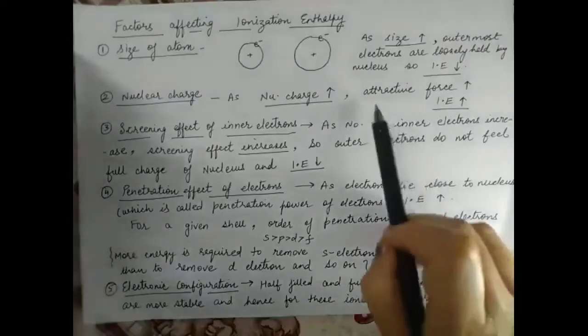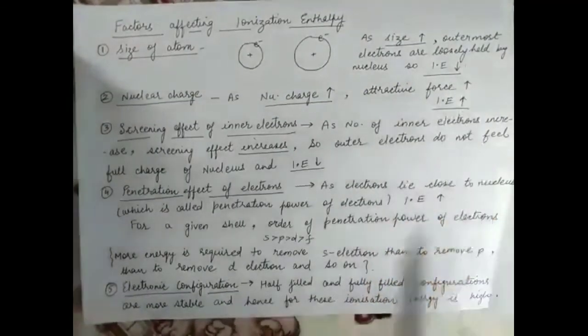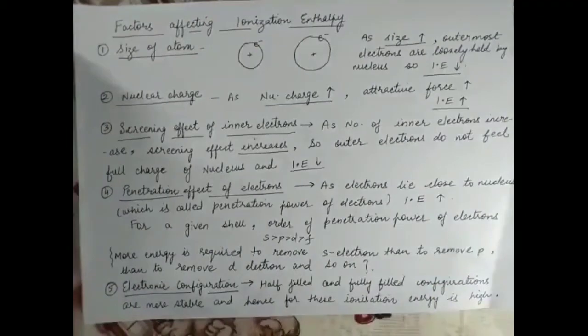So definitely attractive force increases, so ionization enthalpy will increase. So ionization enthalpy is inversely related to size, but it is directly related to nuclear charge. So I think these 2 points are clear to you, because afterwards we have to discuss the variation of this ionization enthalpy in period and in group, and there we'll use these 2 things.